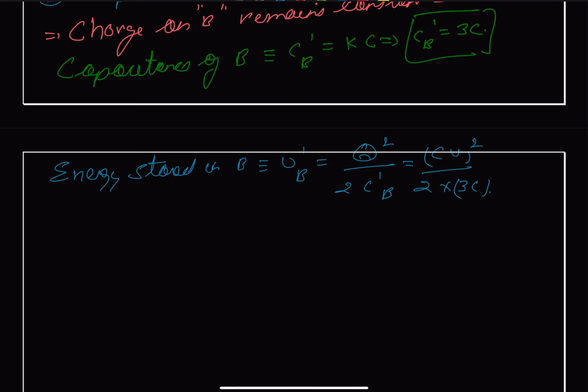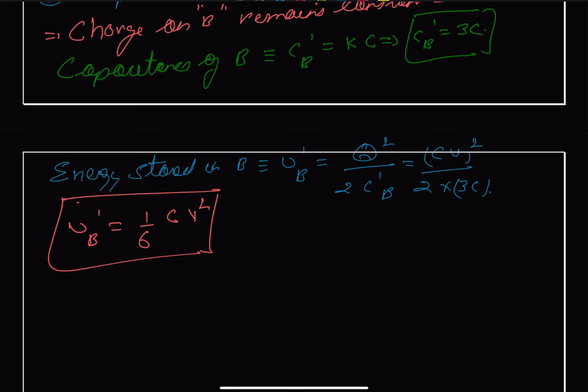So UB prime, the energy stored in B, will be equal to 1 by 6, and C square V square over C, C and C cancel out, so this comes as CV square.